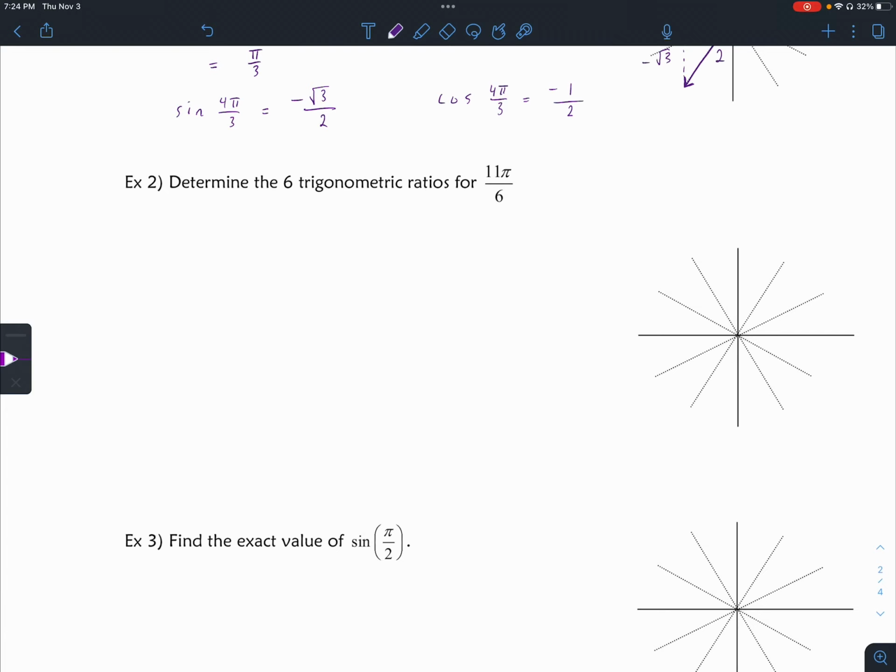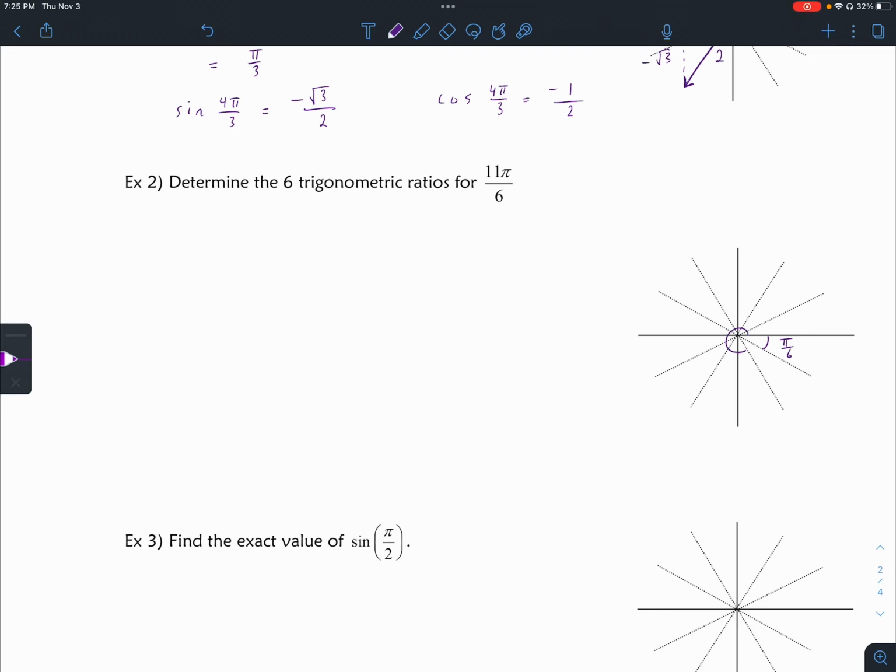Or you could just see that it has to be pi over 6, because if 2 pi is 12 pi over 6, then if you take away pi over 6 from 12 pi over 6, you end up with 11 pi over 6. So the related acute angle is going to have to be pi over 6.